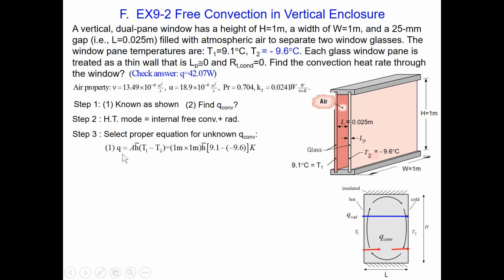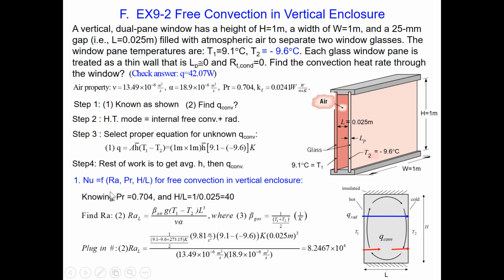Equation 1, to calculate convection heat rate. We plug in numbers to equation 1: A, T1, T2. So step 4, the rest of the work is to get the average heat transfer coefficient value, then Q convection.